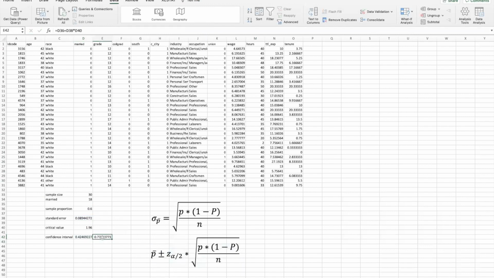For the right-hand side, you can similarly put equal the sample proportion plus the critical value times the standard error we just computed, and then hit enter. So from here, you can get the confidence interval for the proportion of the married people in these 30 randomly selected samples.